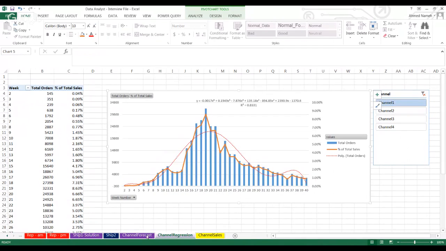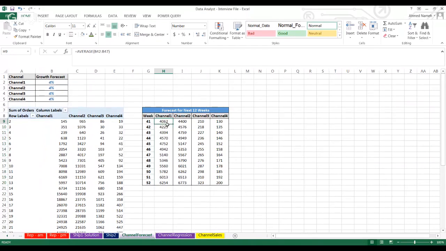Here it is again. So if we are to assume that week 1 of the forecast is the average of the 6 prior weeks for channel 1, and if we are to assume a 4% growth thereafter, it's reasonable to infer that channels 2, 3, and 4 would follow a similar pattern. And that's exactly what I did.